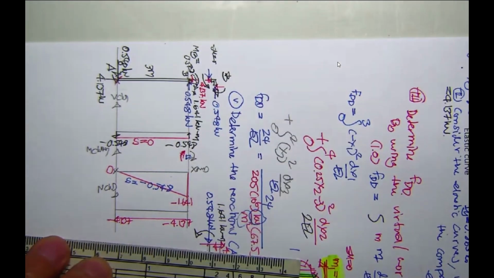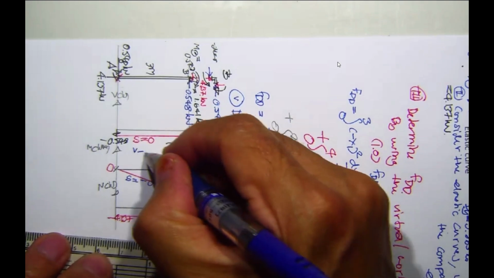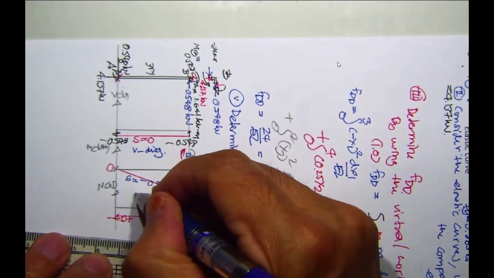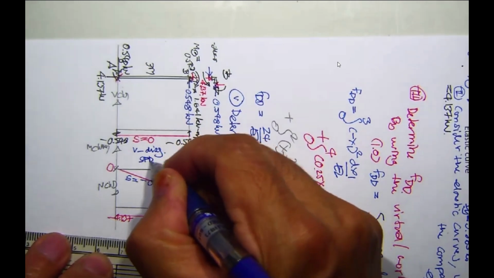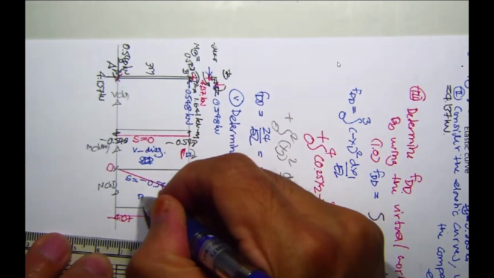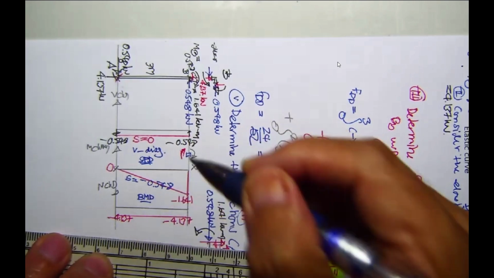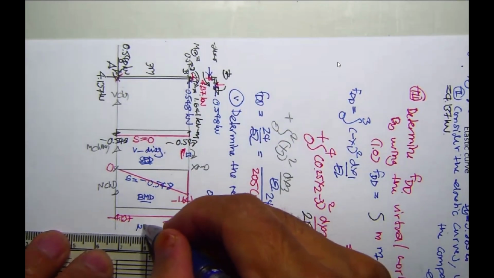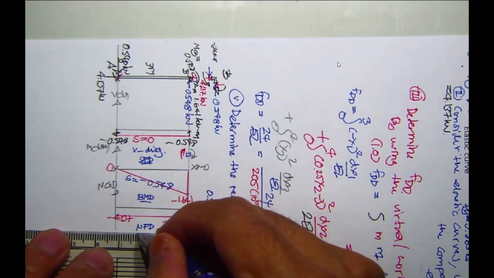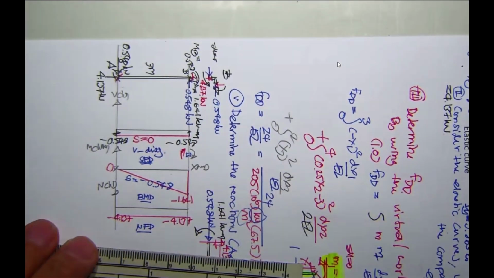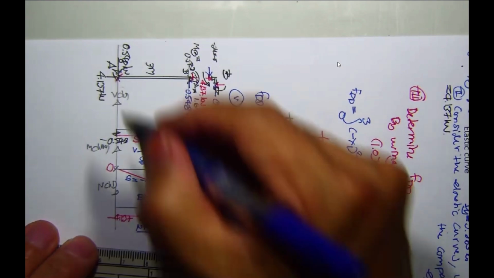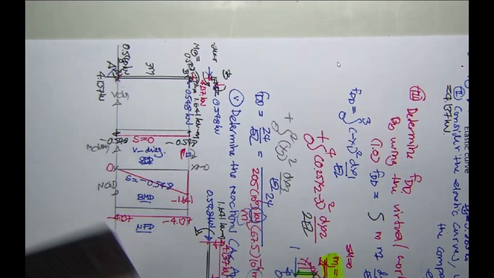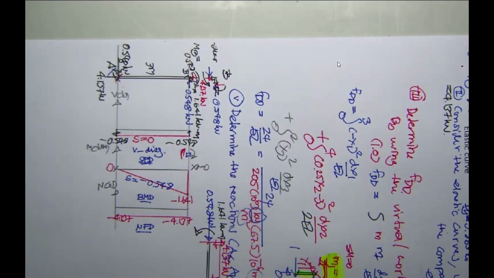At the end, you have the shear diagram. You may say SFD. You may say BMD, and then you may have the normal force diagram, NFD. That's for the column AB. If accurate, it should be okay.